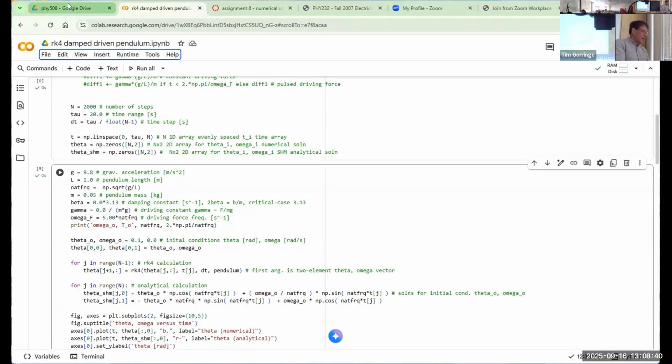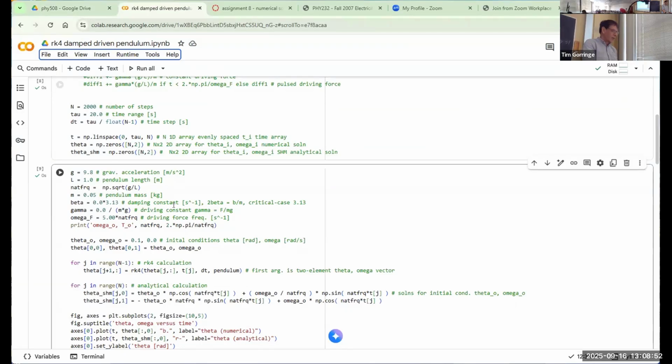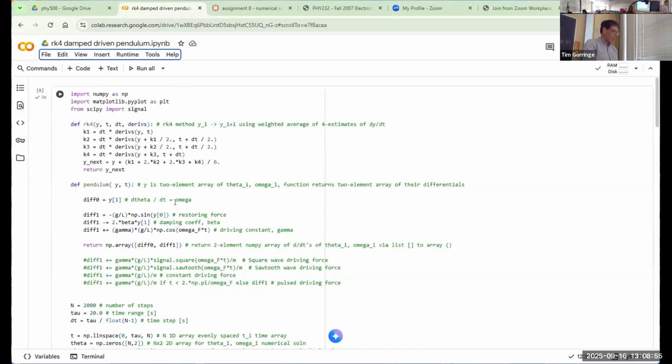Okay, so I now have an RK4 damped-driven pendulum notebook in my physics 508 directory. I put that in there. So the first cell is where I define my user functions that are going to help me solve the pendulum second order differential equation. I import some other package functions that I'm going to use.